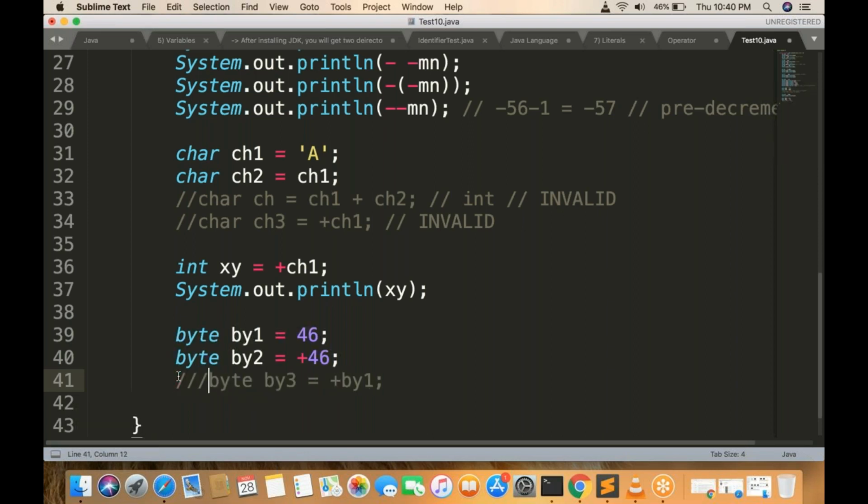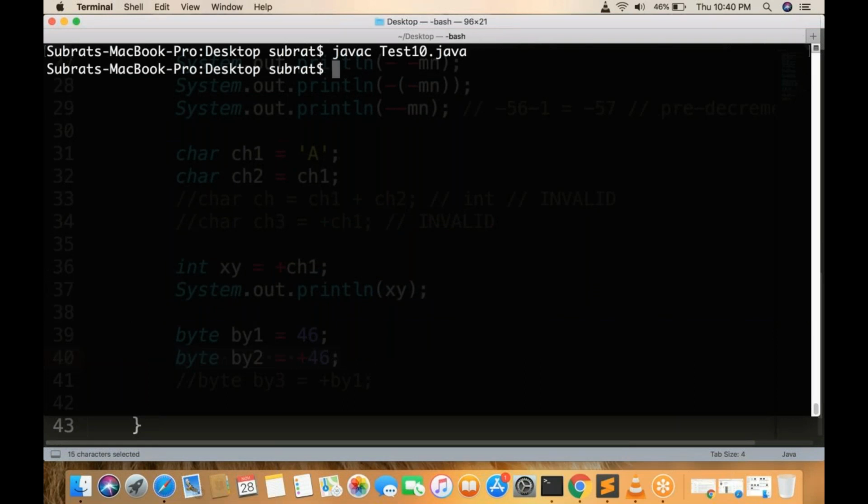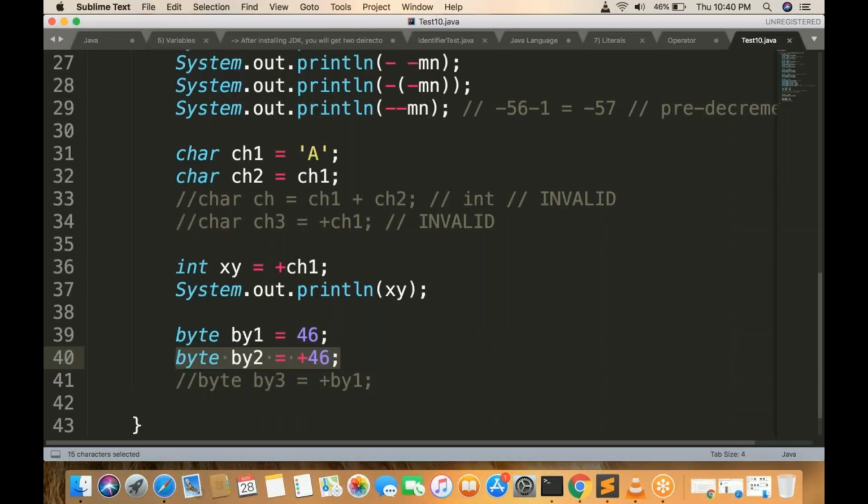But first you have to tell me about the second line, whether it is valid or invalid. Valid only. Correct. Why is it valid? Because plus 46 is 46, right? And the 46 value comes under the range of the byte. That's why there is no problem at all.